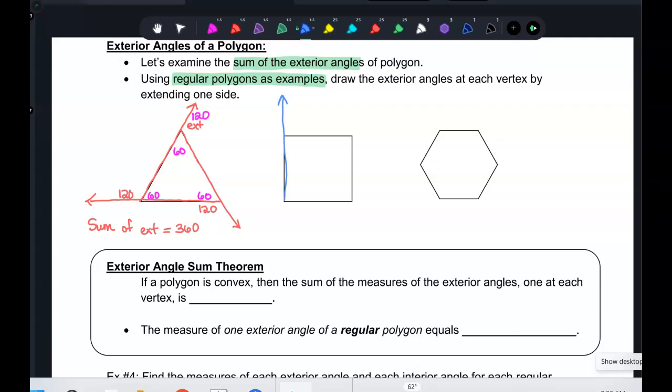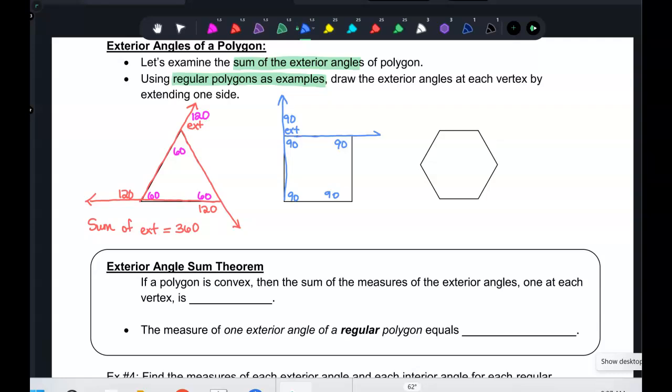No, just the exterior angle here. All the angles on the inside are 90. These two angles make a linear pair, so if this is 90, this has to be 90. I'm talking about each. We'll get to the sum.